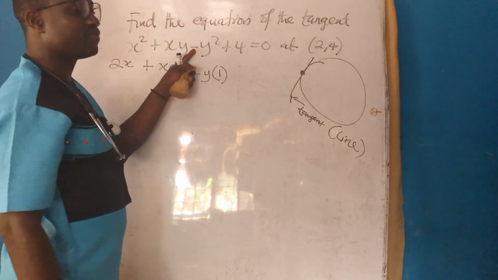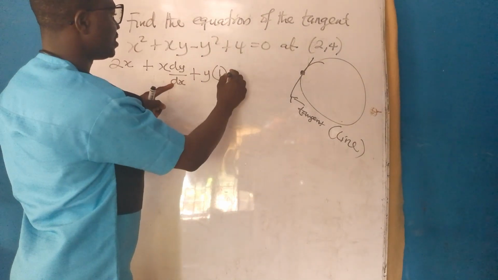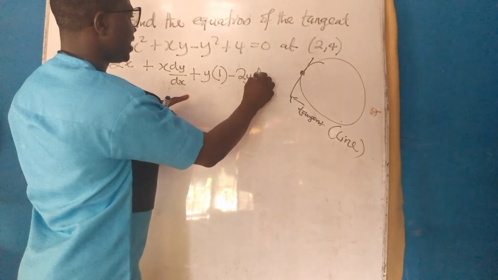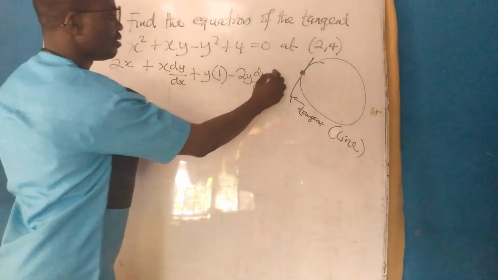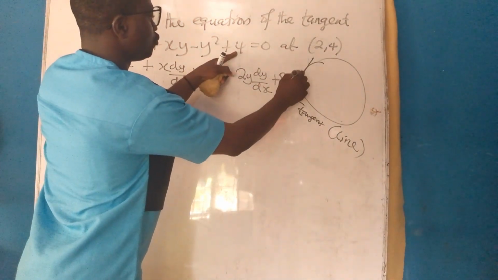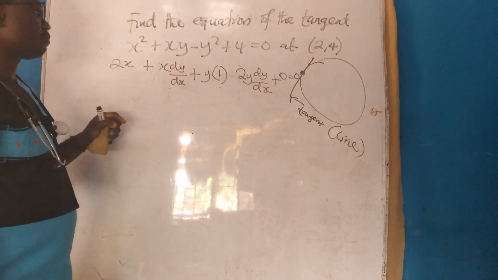Then we also have negative y squared, so differentiating that gives minus 2y dy/dx. And differentiating 4 is 0, so it is equal to 0.